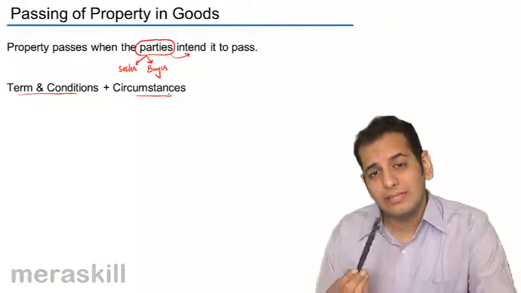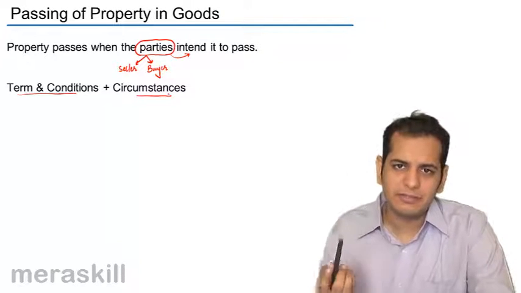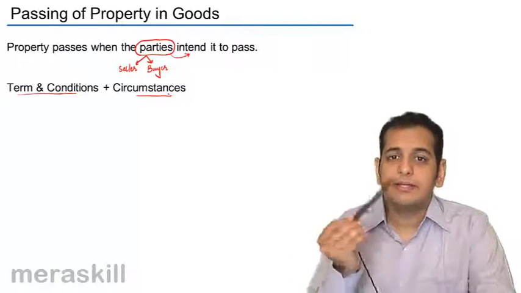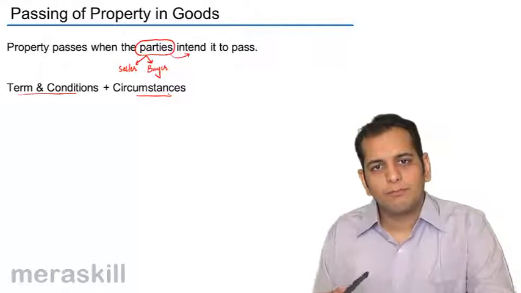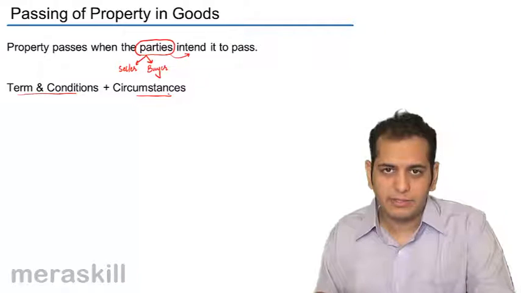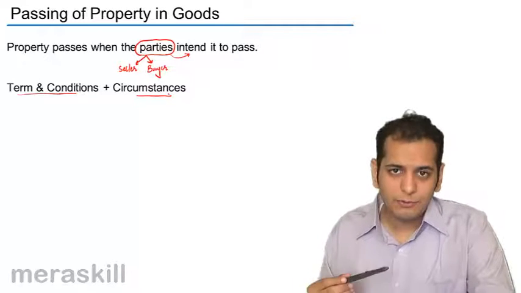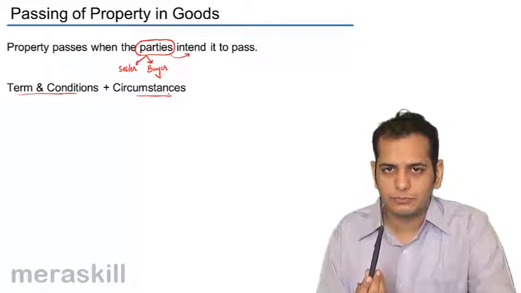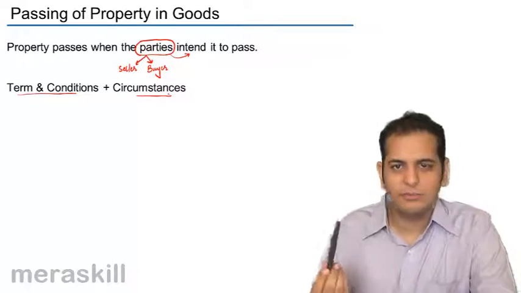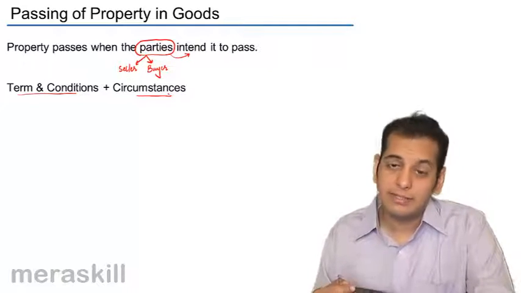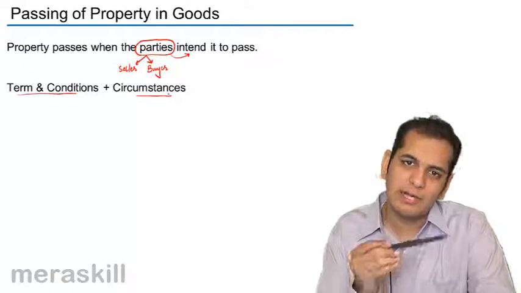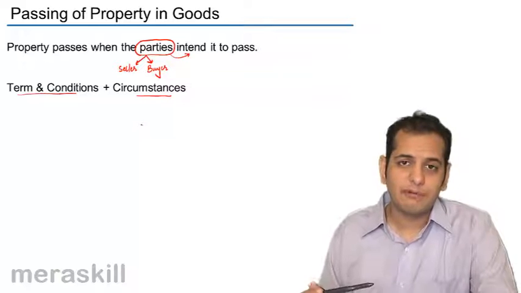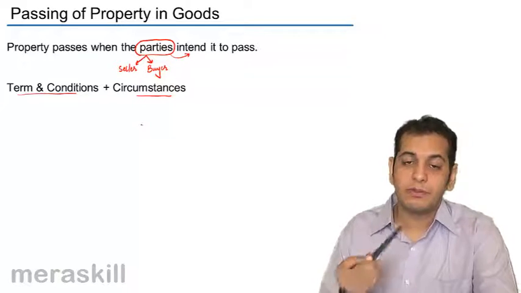And I tell you, I'll sell this pen to you after 7 days. That means we intend that the property should be transferred after 7 days. However, say you come to me saying, I want to purchase this pen from you, but I'll pay you after 7 days. And I tell you, I want to sell this pen to you, but I'll transfer it after 7 days. I'll give you this pen after 7 days.